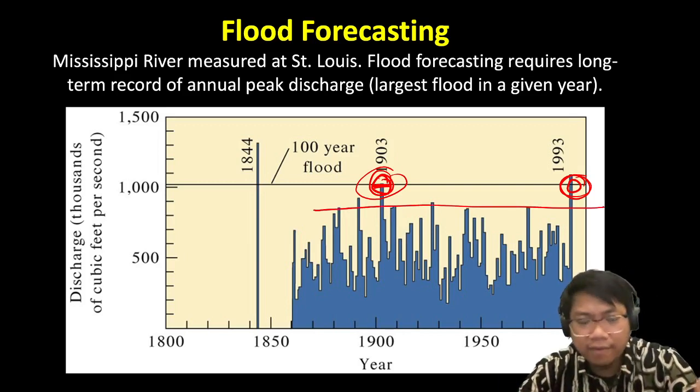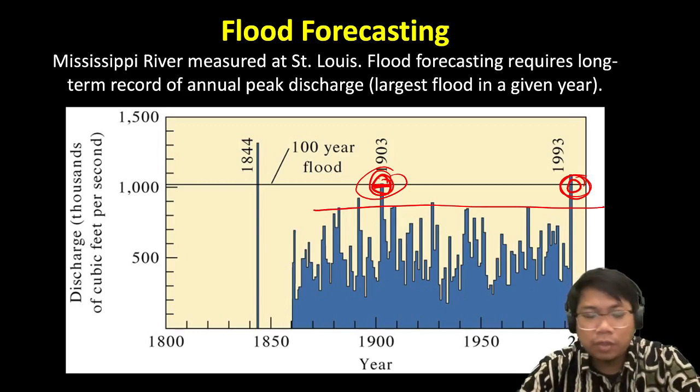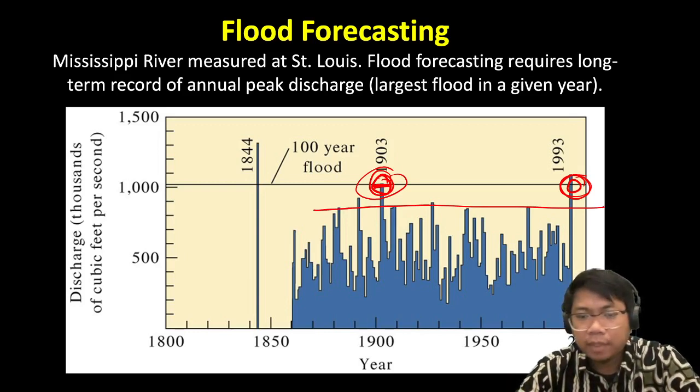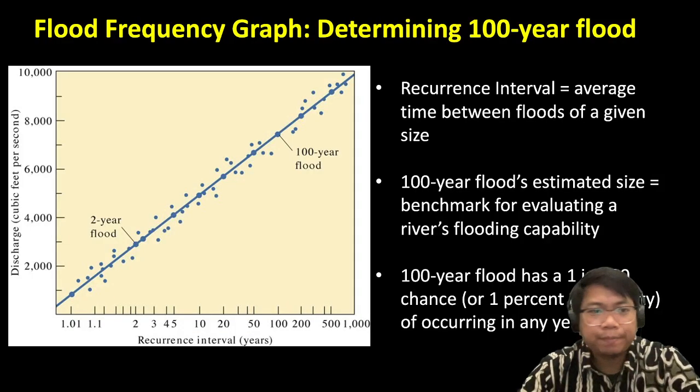By having these past events and ranking them accordingly, we can have a better understanding of the flood patterns that can occur in certain regions, in this case the Mississippi River in St. Louis.